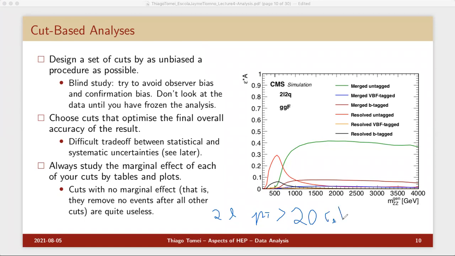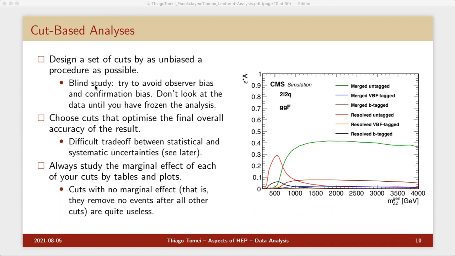The value of the cut is you want the pT to be above 20 GeV. I want the pseudorapidity to be less than 2 or something like that. And I want the angle to be above, I don't know, pi/3 or something like that. So you design this to try to select signal and reject background.